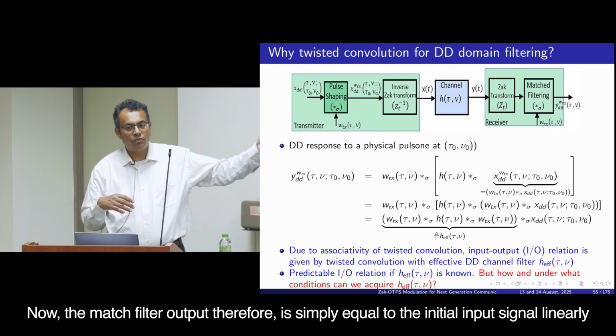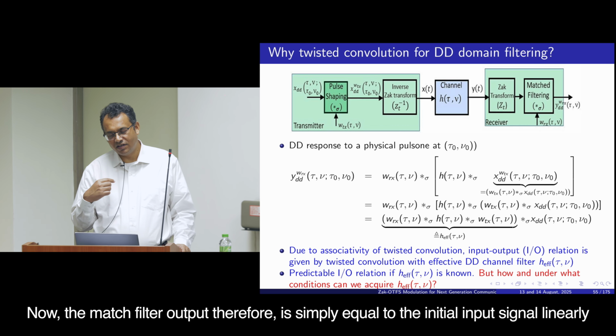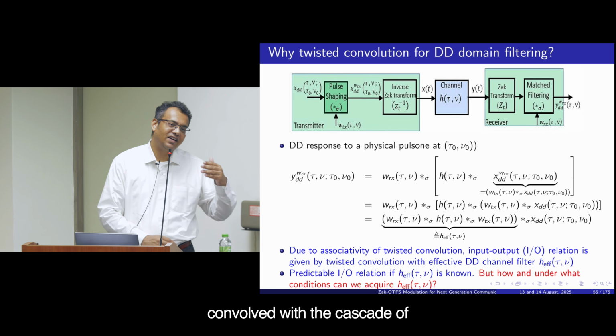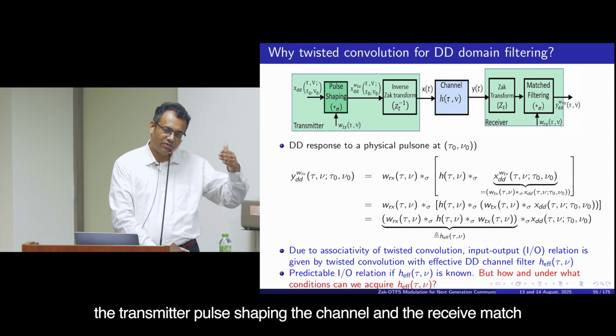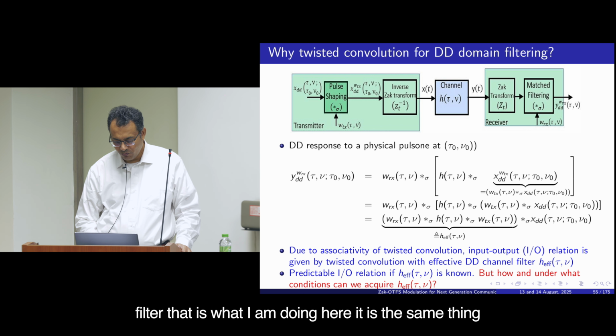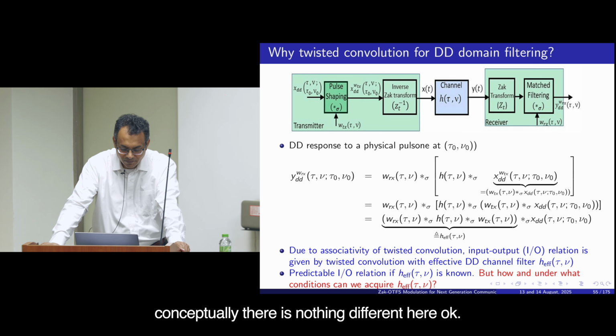Now, the match filter output therefore is simply equal to the initial input signal linearly convolved with the cascade of the transmitter pulse shaping, the channel and the receive match filter. That is what I am doing here, it is the same thing conceptually, there is nothing different here. Okay.